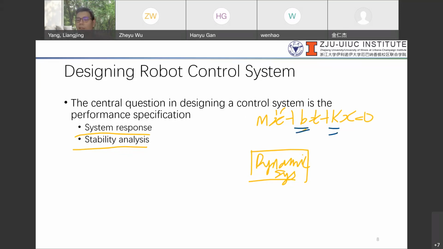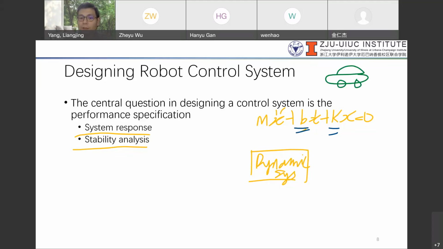So as a designer, you may be able to change parameters like the damping coefficient and the stiffness of the entire system. Imagine you have a car moving on a bumpy road, and you want to design a suspension system.